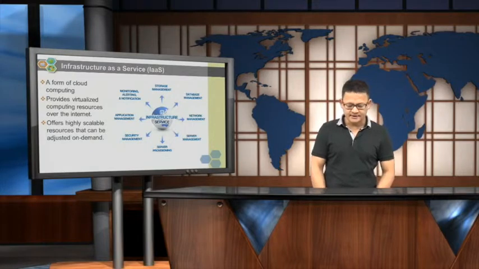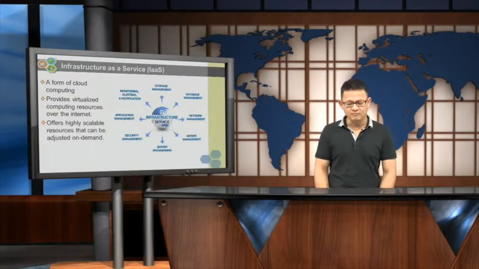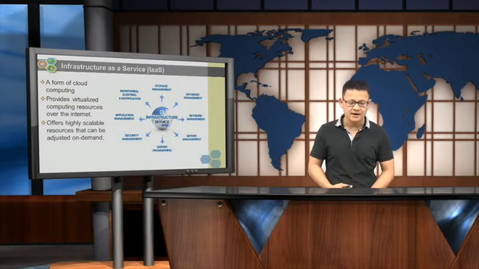So okay, let's take a quick look on this. IAAS, shortly, is a form of cloud computing, and it provides virtual computing resources over the internet. It offers highly scalable resources that can be adjusted on demand.